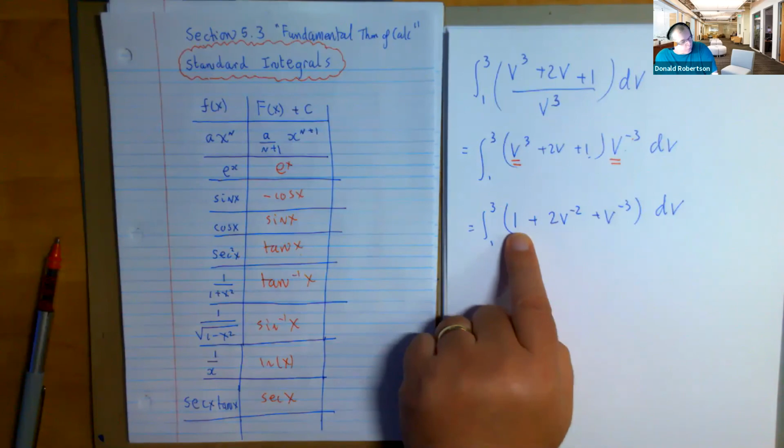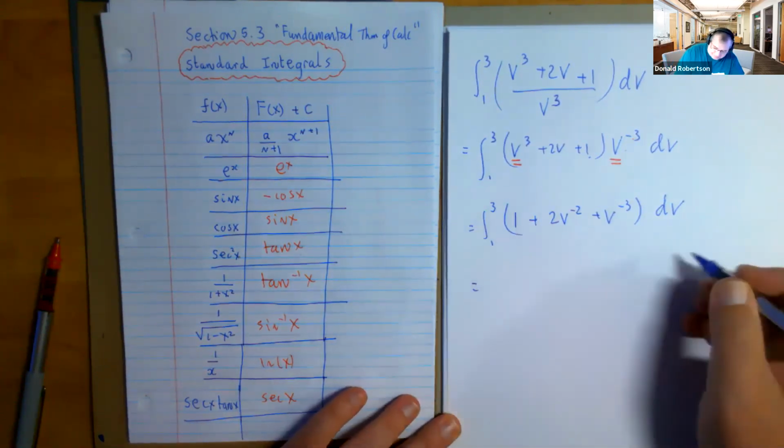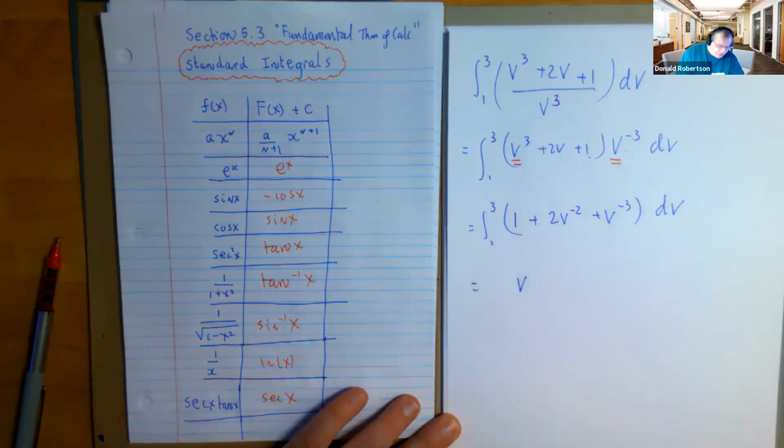Now, can you see why it's important that you call this particular guy 1? If you leave him as v to the 0, couldn't that lead to some complications in the next line? You need to see that that particular one is special. So here goes. The 1 gets you v.